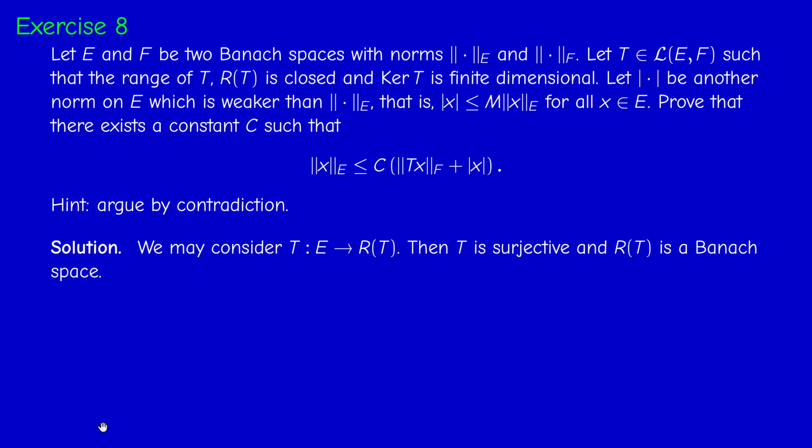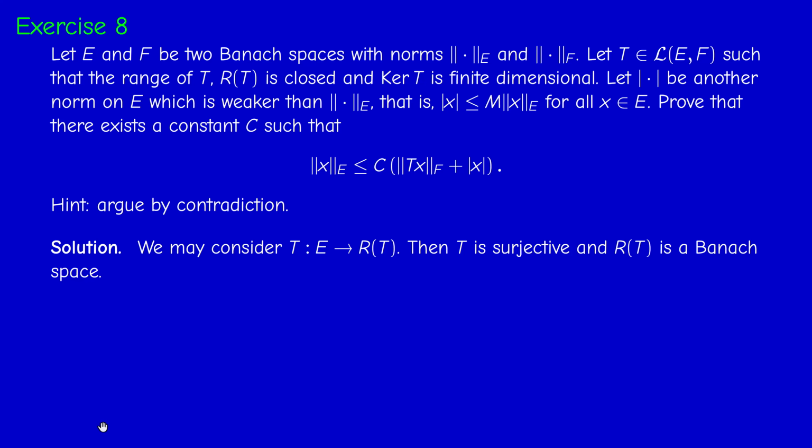Now, suppose that this is not true. What does it mean? There exists C such that for all x this is true. If you negate this, you get: for every C, there exists x such that this is bigger than this. So you take C equal 1, 2, 3, 4, the integers, or any sequence going to infinity.